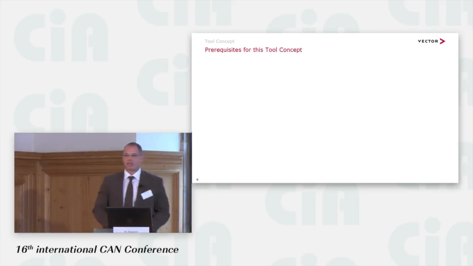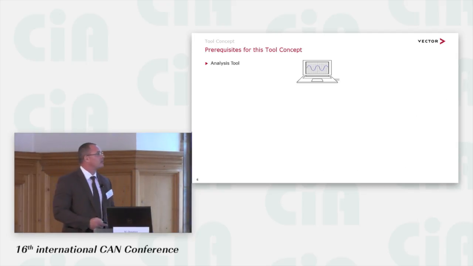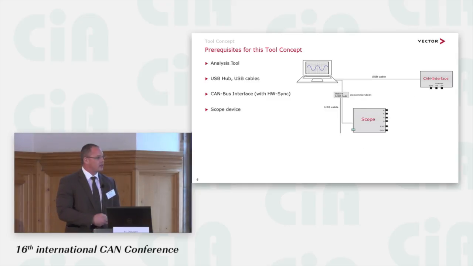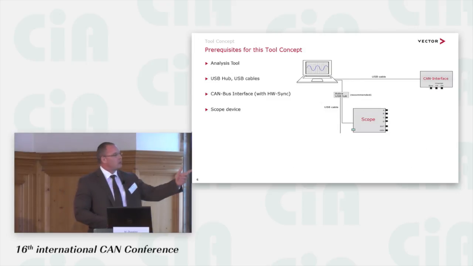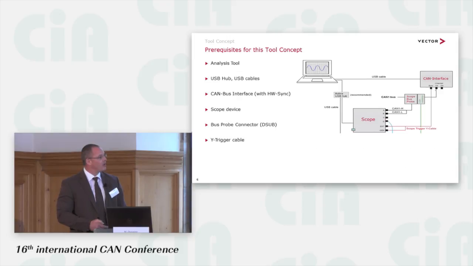On the next slide, I will explain how we can get started with this concept. You need a standard PC where the analysis tool is installed. You need an oscilloscope with a sync input and a CAN interface with a sync input, both connected via USB, and then both connected via stubs to the bus.